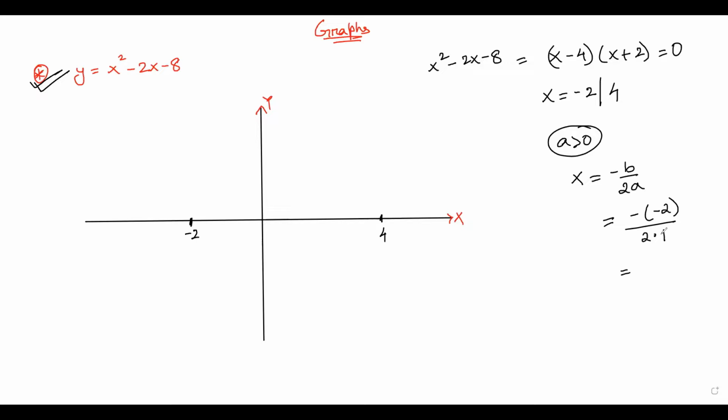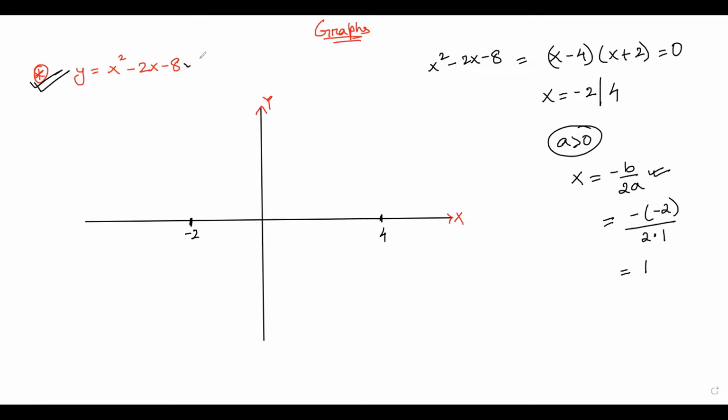So this gives us the minima point as 1. We can also find the minima point directly by taking the midpoint of the two roots. Here the two roots are 4 and minus 2, so the midpoint would be 4 minus 2 upon 2, that is 2 by 2, which is 1. So either we can use x equal to minus b upon 2a, or we can directly take the midpoint of the two roots to find the maxima or minima point.